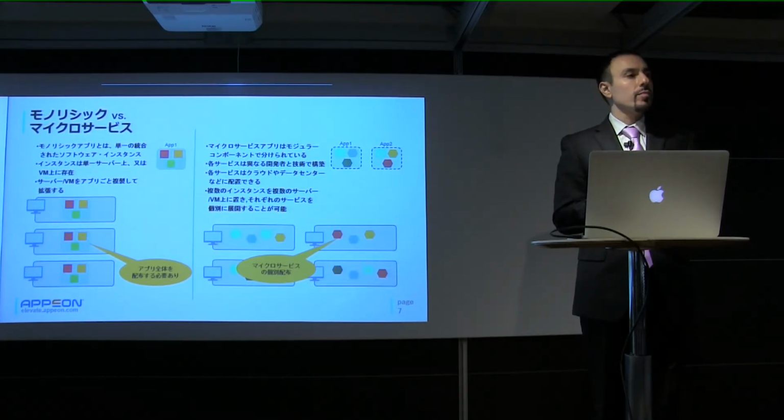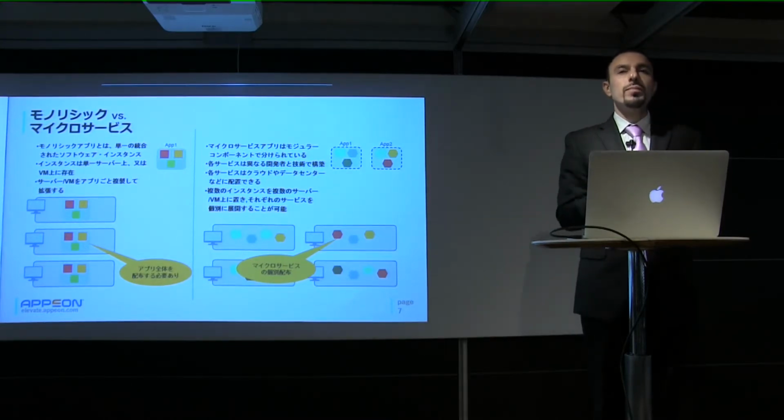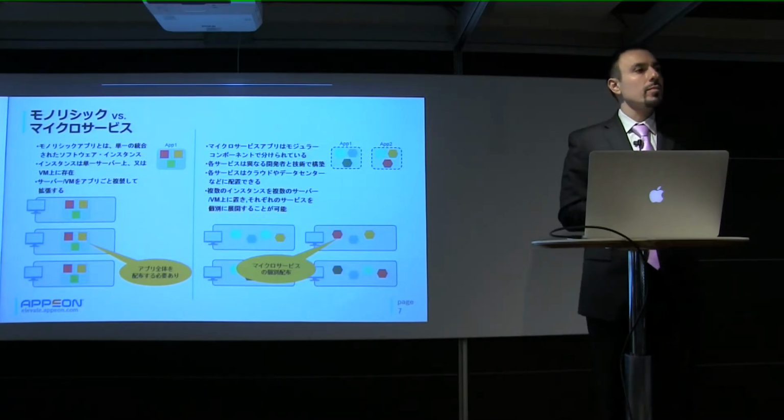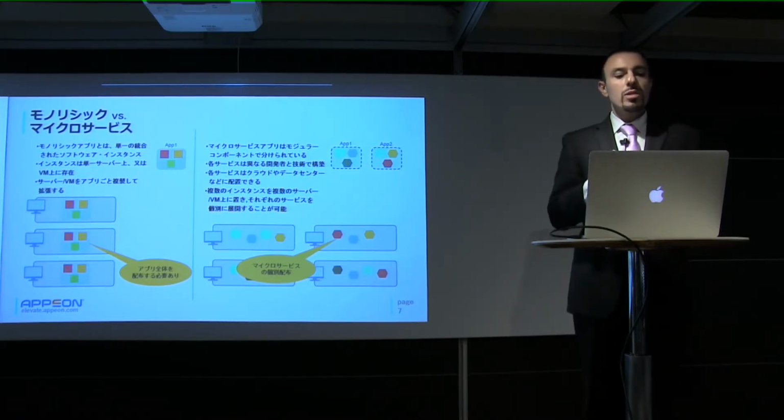You could think of a microservice like a very small module. The biggest difference is that in a microservice architecture, each of these microservices are loosely coupled from each other.